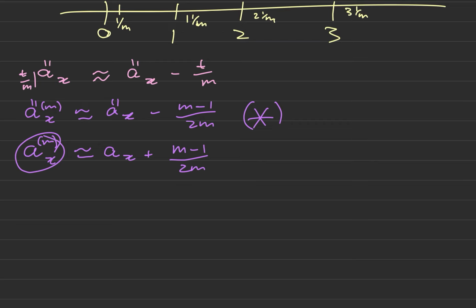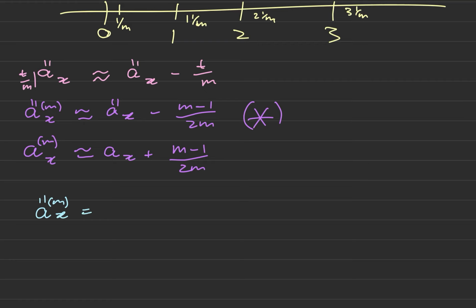And so this is going to be larger than this, which has its unit payment discounted by more in total. And so I must add (m minus 1) over 2m to this in order to get my m-thly annuity in arrears.